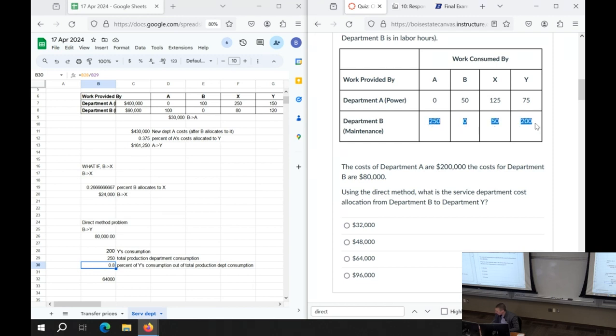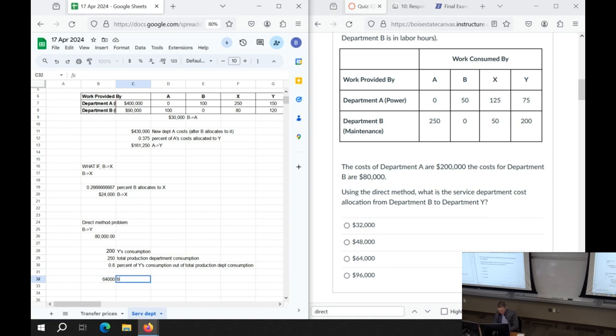So Y, when we start out, is 40% of the work done by B. But with the direct method, we're going to act like it's 80% of the work done because we're only accounting for production department work. So 80% of that $80,000 is going to go to Y, giving us 64,000 as the right answer there.